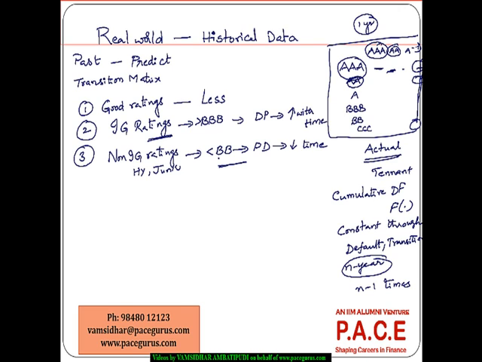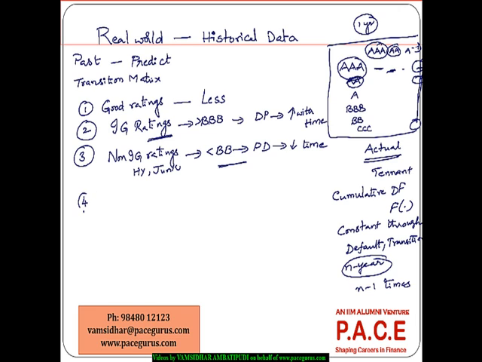But if they have survived the first few years, by this time their credit rating would have improved considerably, and their chances of defaulting after a longer period of time go down considerably. So that's one more observation from the real data. For AAA kind of rated companies, the default probability increases with time, whereas for non-investment grade ratings, the probabilities of default decrease with time.